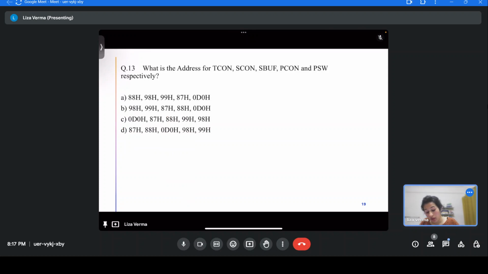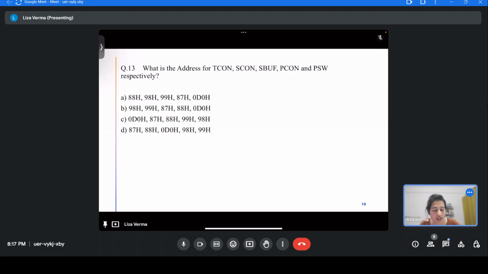I don't think this needs much. If you remember the addresses, then sure, and you should remember them because someone might ask you in a viva or something. Does anyone remember the addresses? I think option A, ma'am.